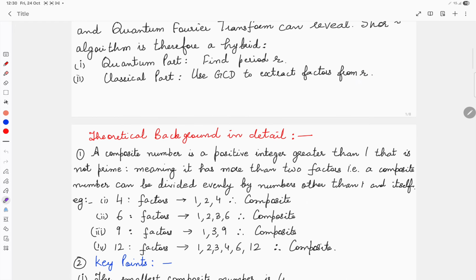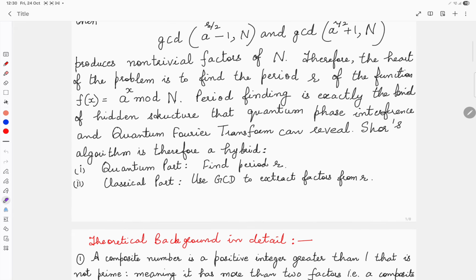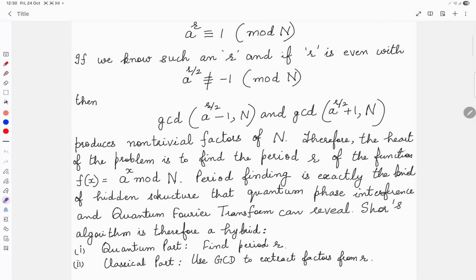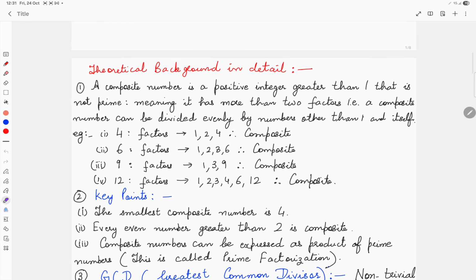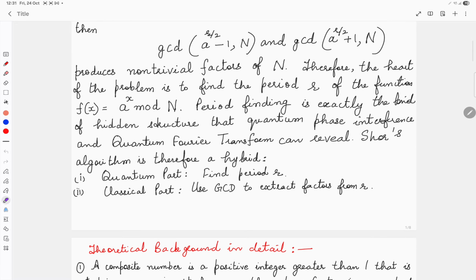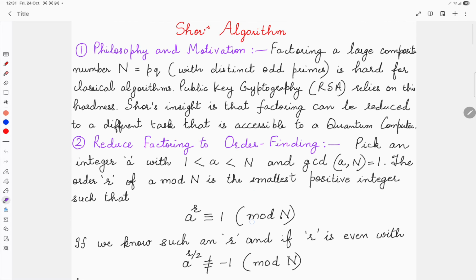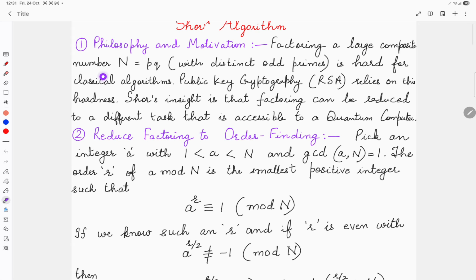Now let us try to understand the basic and fundamental concepts involved in the overall Shor's algorithm. As I just mentioned, factoring a large composite number.